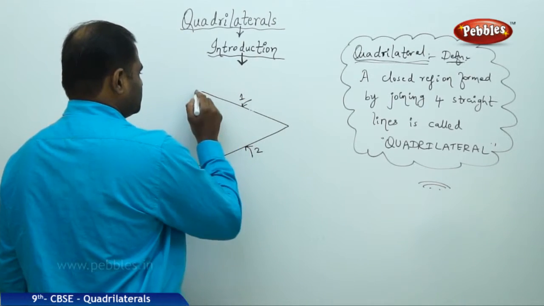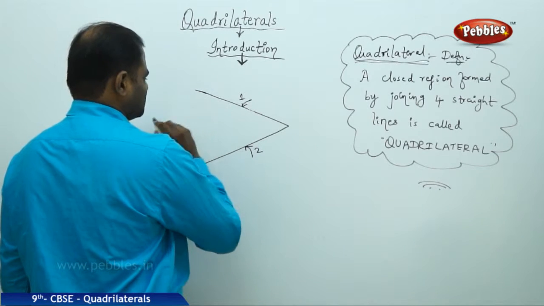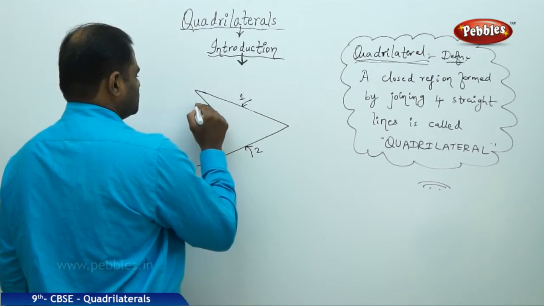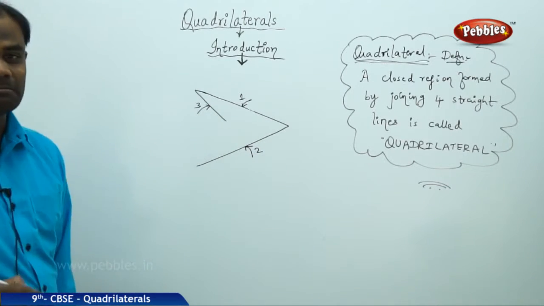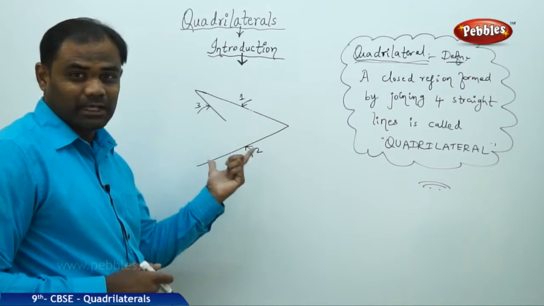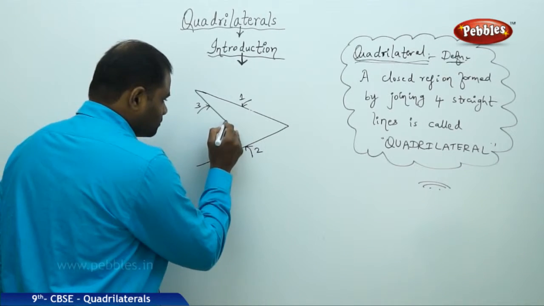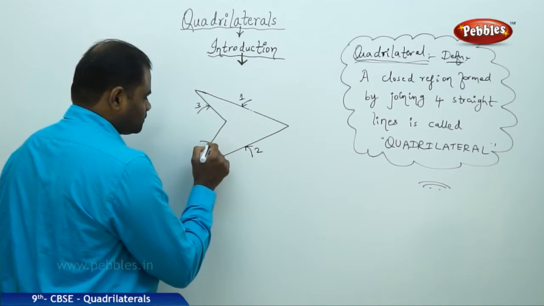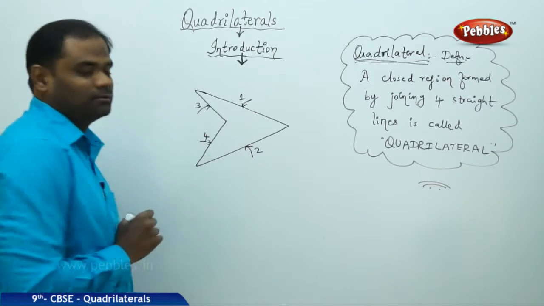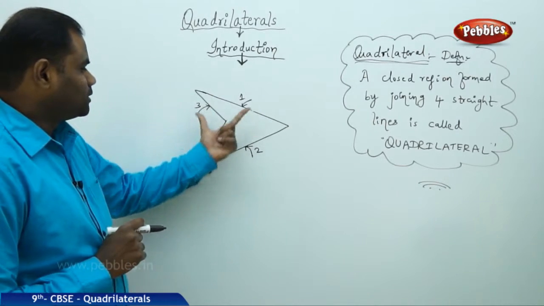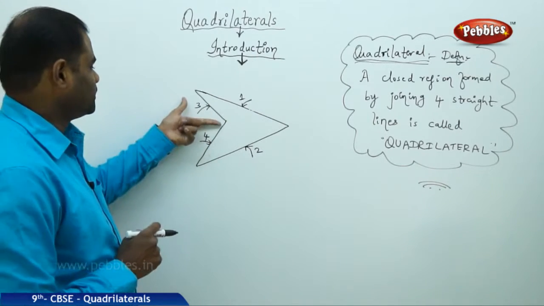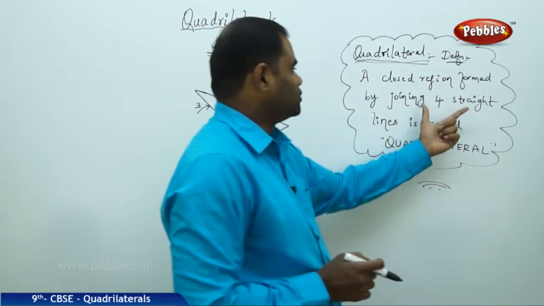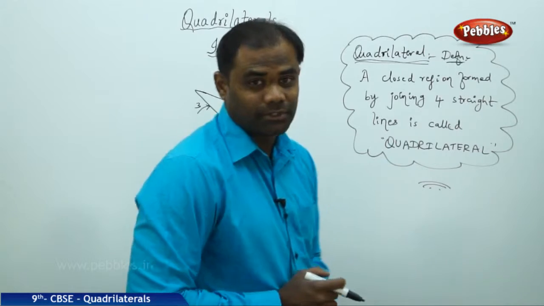Next I have line 3, which is arranged in this manner. Then I have the 4th and last line, arranged from this point to this point. So line 1 here, line 2 here, line 3 here and line 4 here. The 4 straight lines are joined to form a closed region.